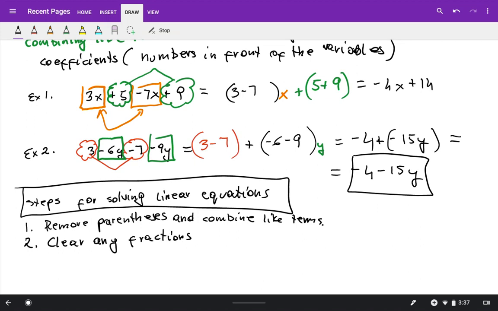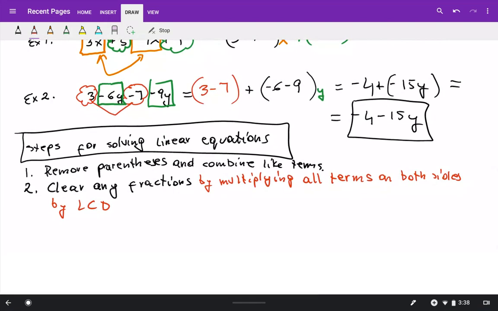And that's important because students don't like fractions. By multiplying all terms, which I always say multiply both sides, all terms on both sides, by LCD.